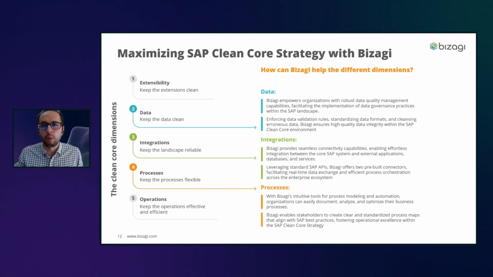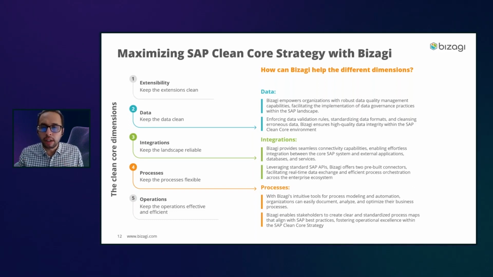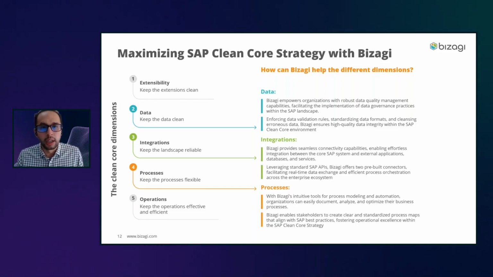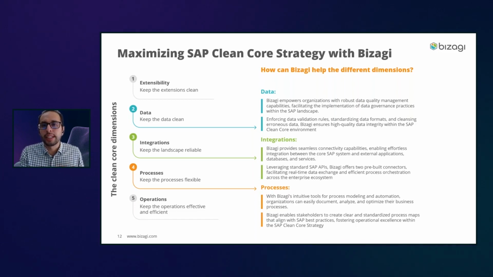So from one side, we're going to have data, integrations, and processes. From the point of view of the data, what we say is, look, we have a lot of capabilities within our platform that support data quality management. It means we're going to help you a lot to be completely sure that the data being stored in Visagi, but also in SAP, meets the quality or the standards that you want.